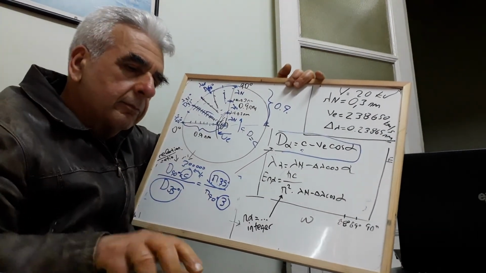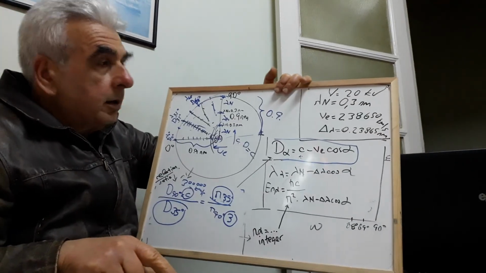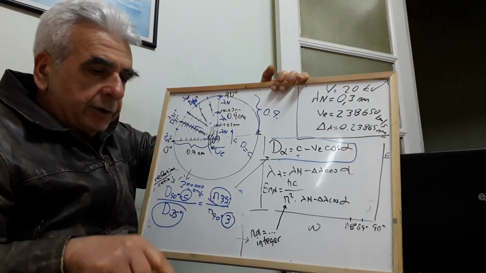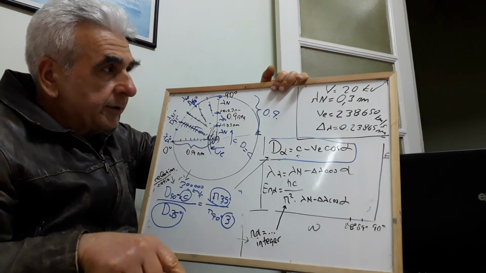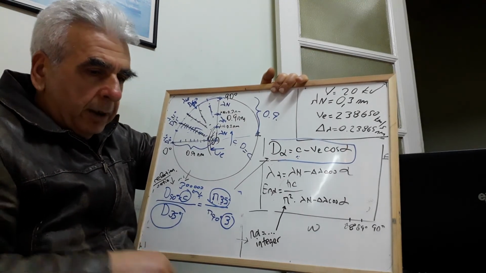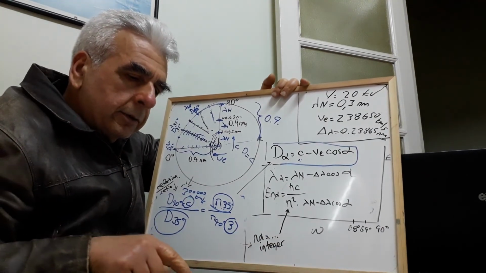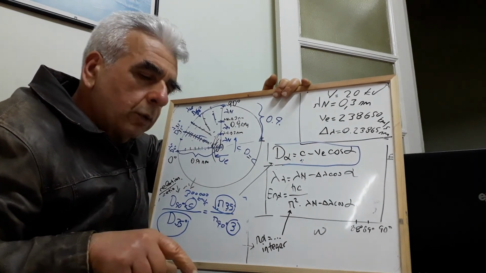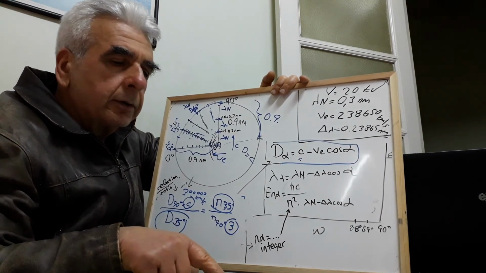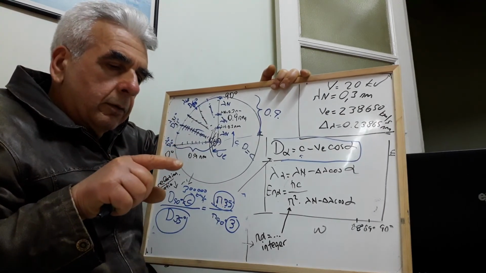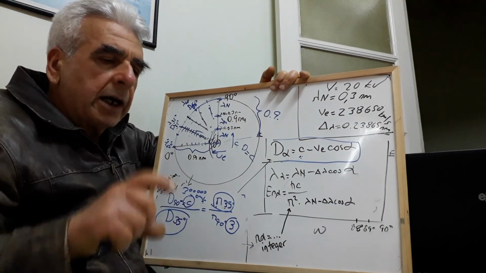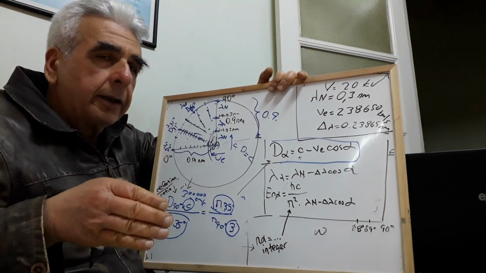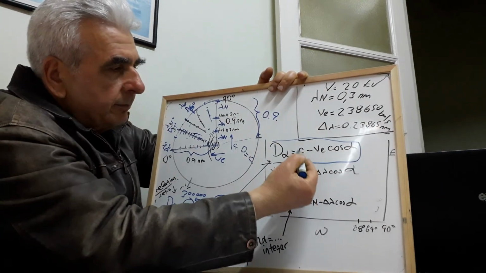Now, 238,650 multiplied by cosine 0.819152 equals 195,490.6248 kilometer per second, minus c.